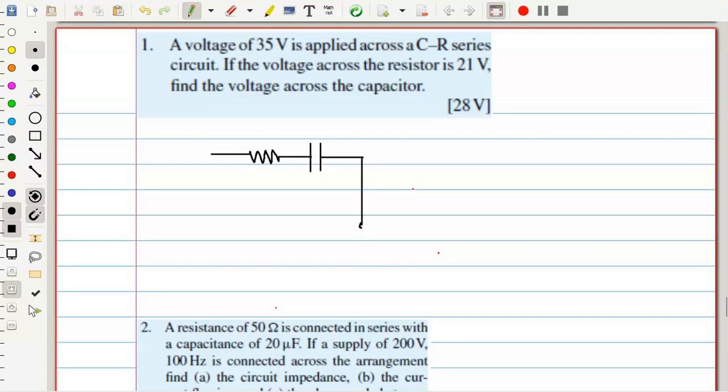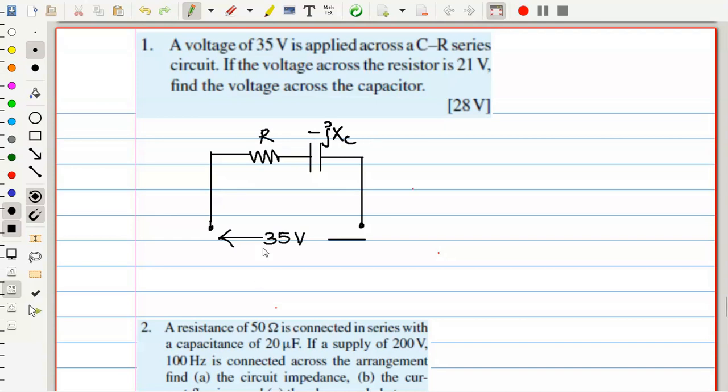So how much voltage is applied? 35 volts. Next, what we need to do? If the voltage across the resistor is 21 volts, this is the resistor, this is the capacitor, but I want to show it in the frequency domain, this is minus j Xc.